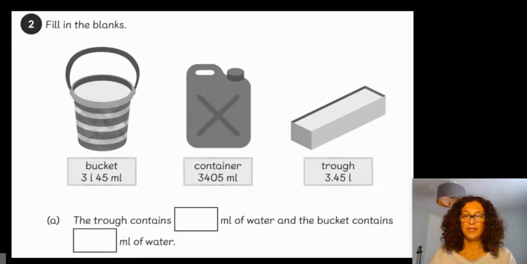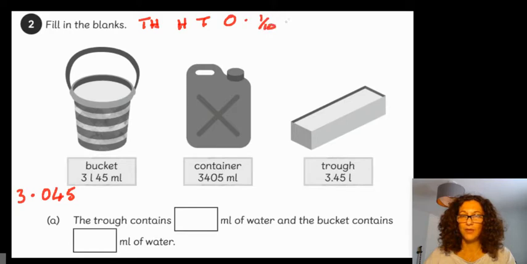So what is 3 litres and 45 millilitres? So that is 3 litres and it's not 450, remember, it's 45 millilitres. So now we've got to convert that to millilitres. So let's get our place value chart, our thousands, hundreds, tens, ones, tenths, hundredths, and thousandths.